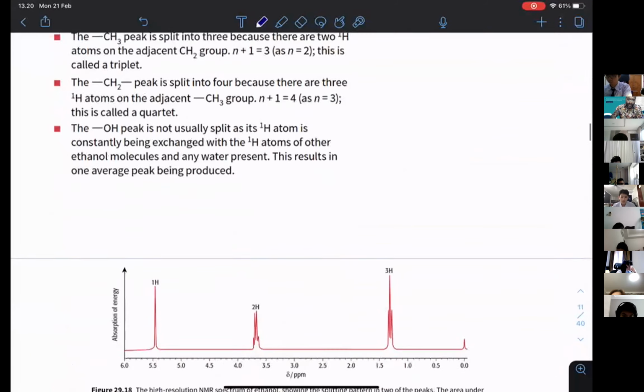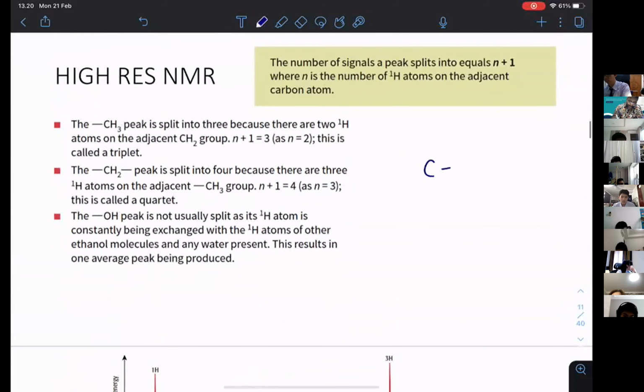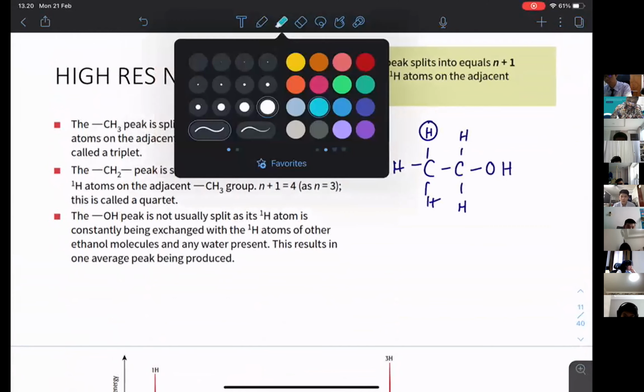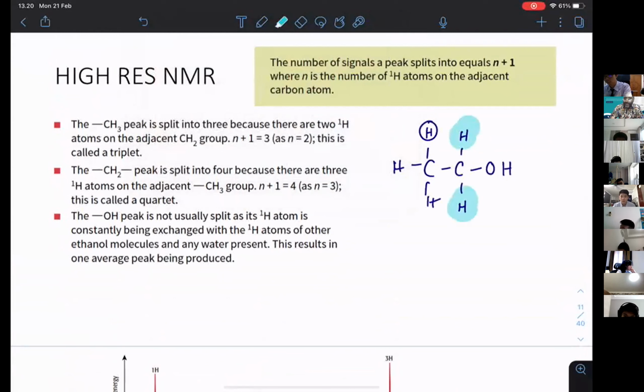If you look at an example, let's say I am going to look at the high resolution version for this hydrogen. The neighbor is this one. How many neighboring hydrogens do you have?